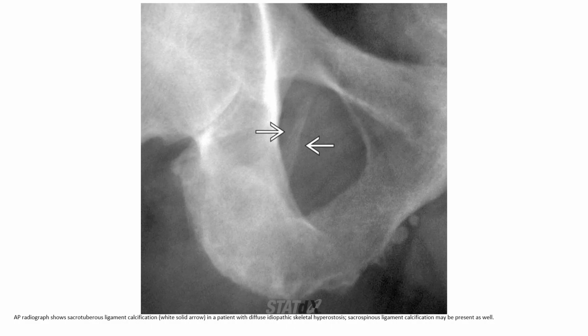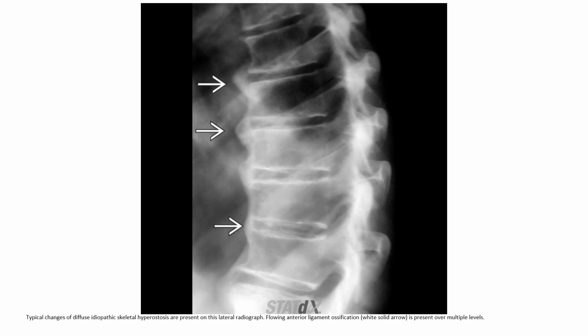Sacrospinous ligament calcification may be present as well. Typical changes of diffuse idiopathic skeletal hyperostosis are present on these lateral radiographs, with anterior ligament ossification over multiple levels.